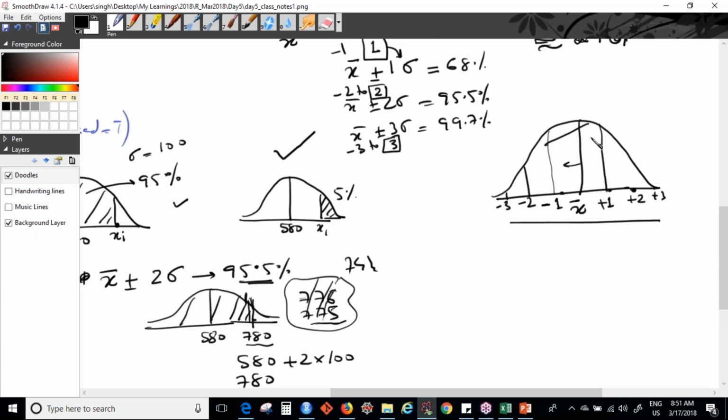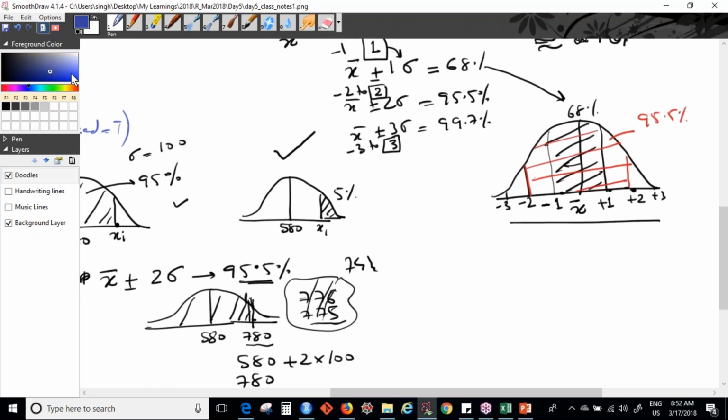Okay. So the area between -1 and +1 is again 68%. This one. Similarly, area between -2 and +2 is your 95.5%.